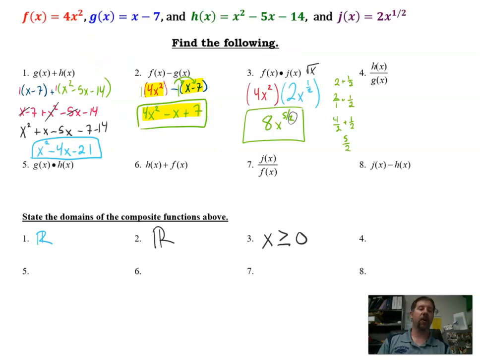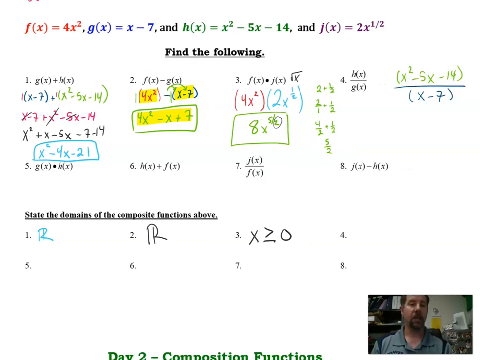All right, here we go, number 4. H of x over g of x. Again, I'm first going to grab my functions and just set it up. So this would be x squared minus 5x minus 14 over x minus 7. And now I need to try to simplify that, reduce that. And we said the way we are going to reduce fractions is by trying to factor.